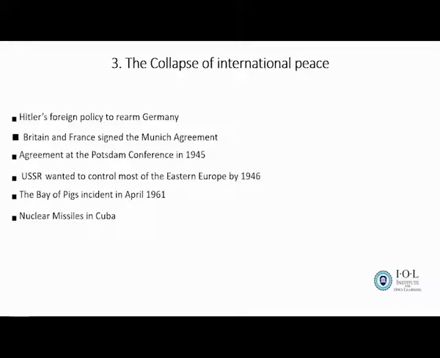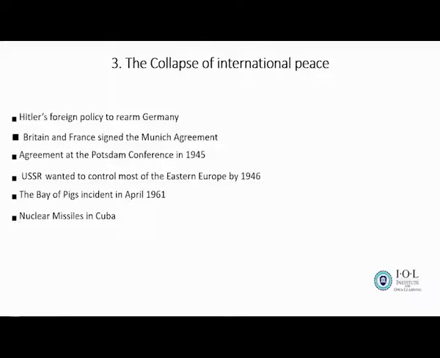So the reason why USSR, Russia, wanted to control Europe was that they wanted to spread communism, an ideology that brought conflicts between the 2 countries, USA and USSR. It led to the Cold War.